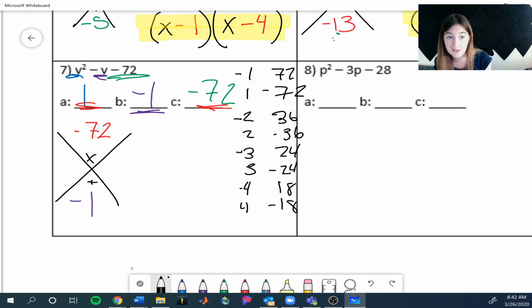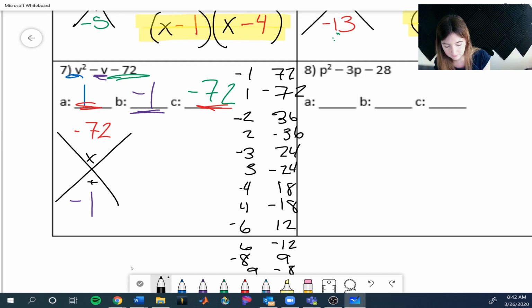So 5 does not go into 72. 6 does. So we have 6 times 12: negative 6 times positive 12, and 6 times negative 12. 7 does not go into 72, and now we're at our last factors. 8 and 9, I'm going to write it right here, and negative 8.